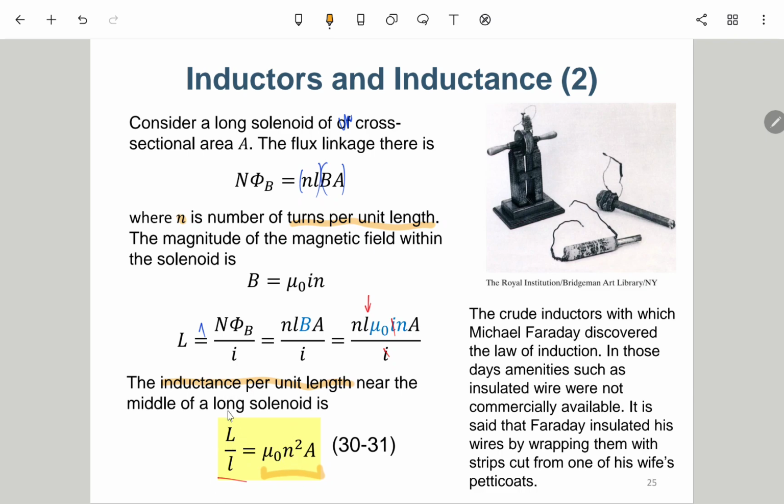So if we would like to increase this value, we would like to make more compact windings, meaning the coils are wound tighter so that more turns fit in a unit length. If you cannot do that, then you have to increase the area, winding a bigger loop. So the last choice to increase this capital L over small l will be to increase the cross section area, which means you make the cross section area bigger.